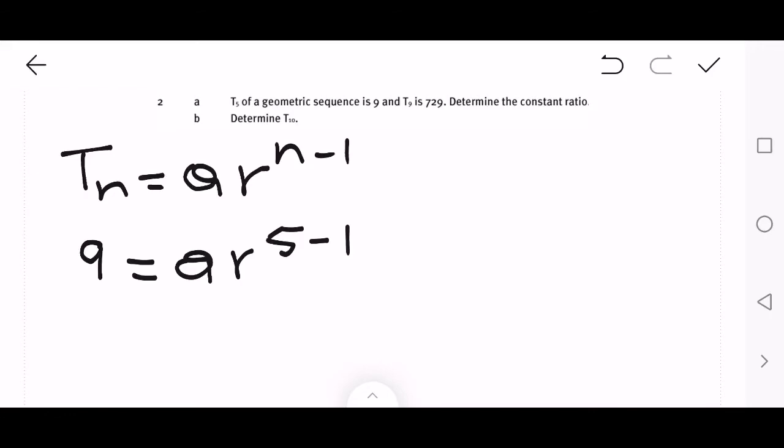And also we can substitute for the ninth term, so that's going to be 729 equals a multiplied by r to the power 9 minus 1. That's 9. Sorry.